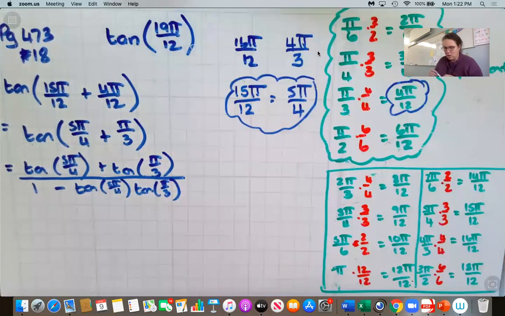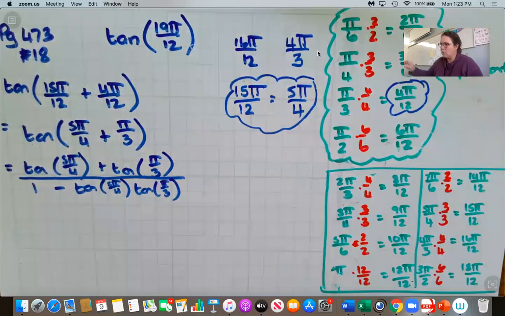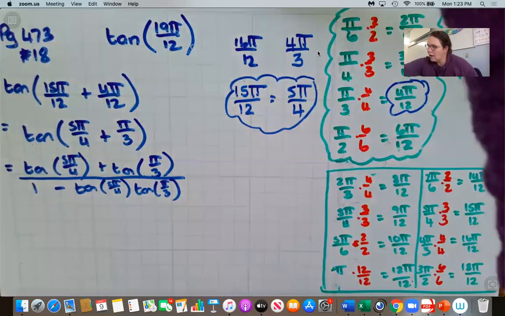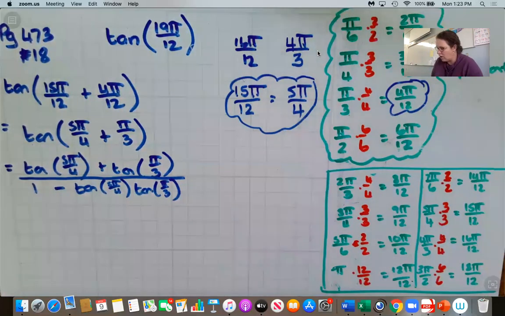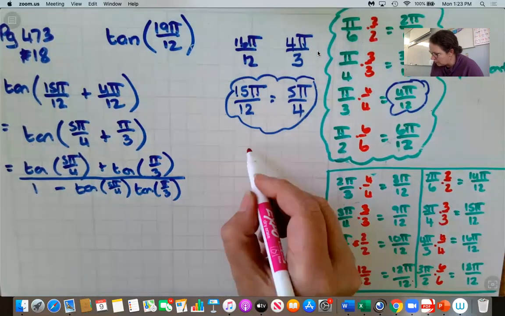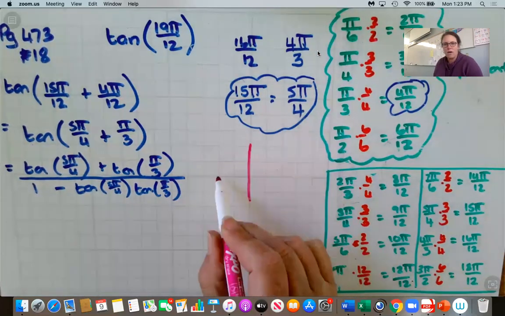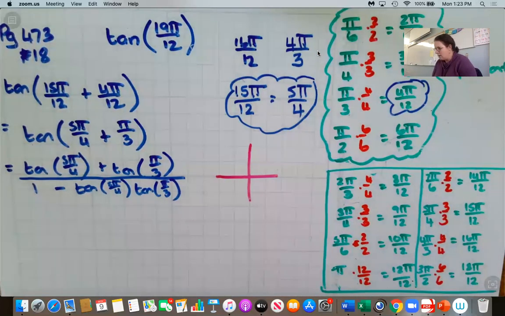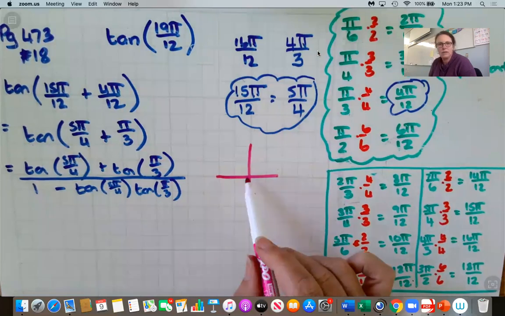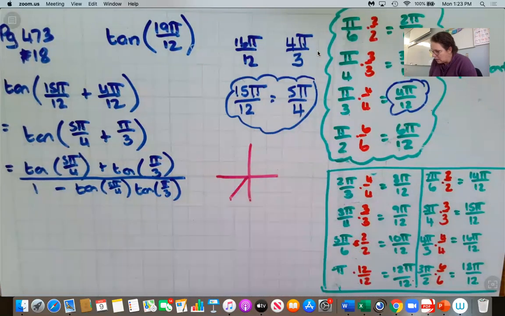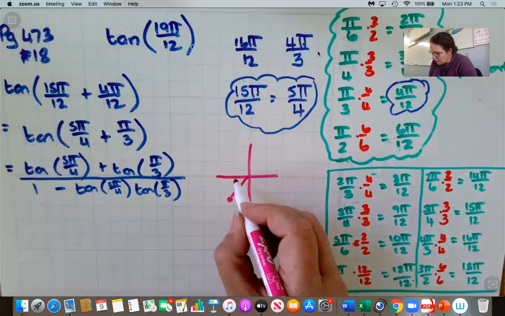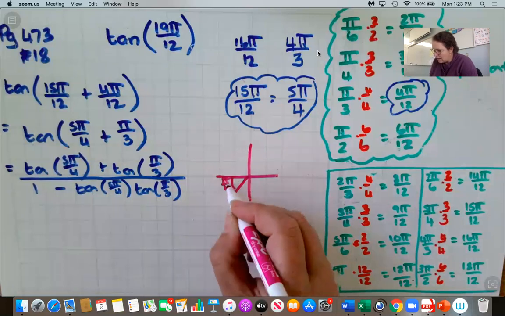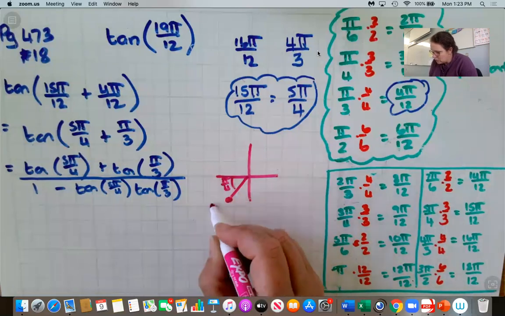As I'm using the formula, I want to evaluate tangent of 5 pi over 4. Let's think about what that looks like. 5 pi over 4 in our unit circle is going to end up being right here. Since my reference angle is pi over 4, I know my x coordinate is negative root 2 over 2.